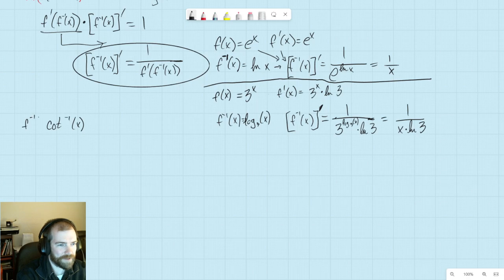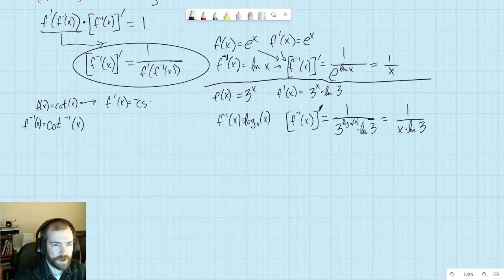This is going to be our f inverse of x, which means that f of x is going to be the cotangent of x. They did remember that f prime of x is going to be equal to the negative cosecant squared of x. Said, all right, good job.